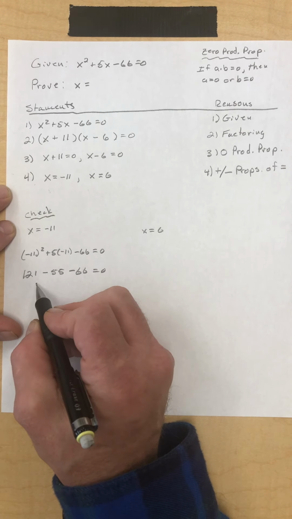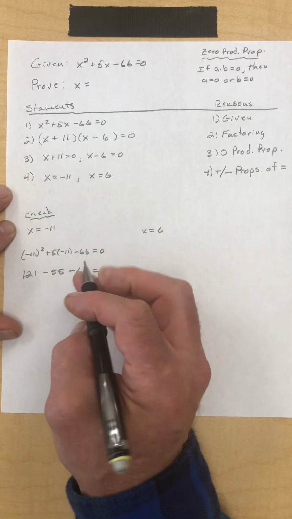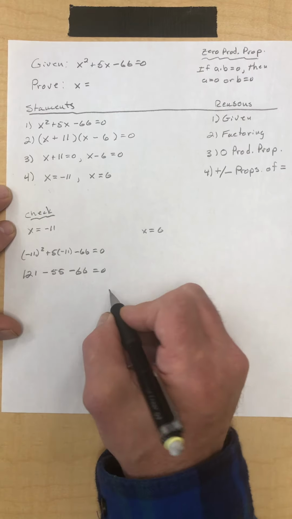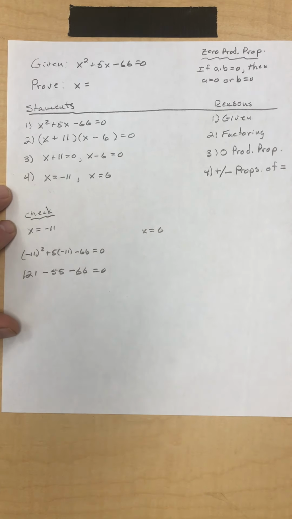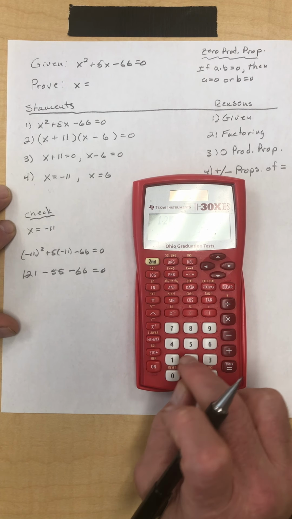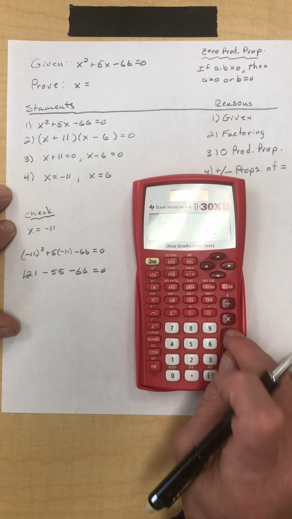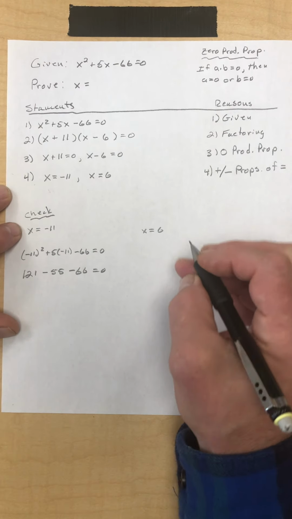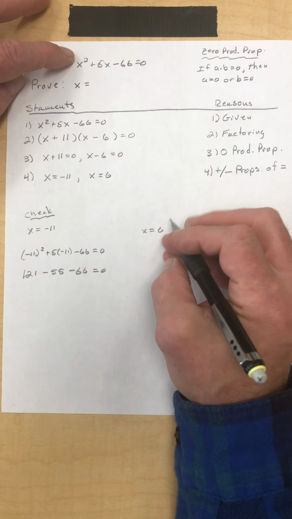If we go 121 minus 55, we get 66, and 66 minus 66 is 0, so we're in good shape. If you're ever worried about it, just check that one. 121 minus 55 minus 66 gives a big fat 0. So that one works. Do the same thing with x equals 6.